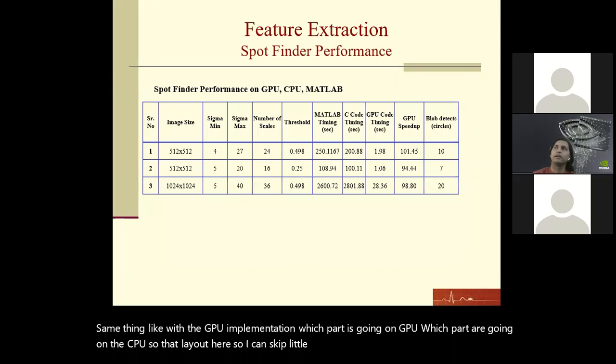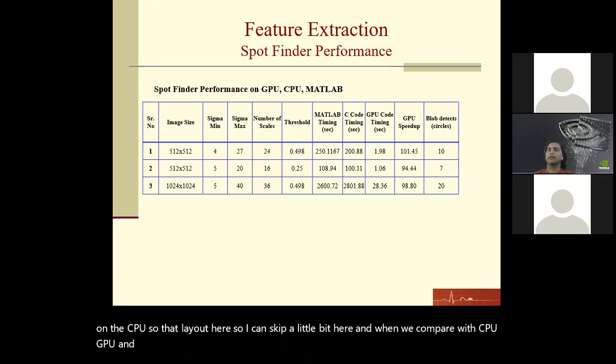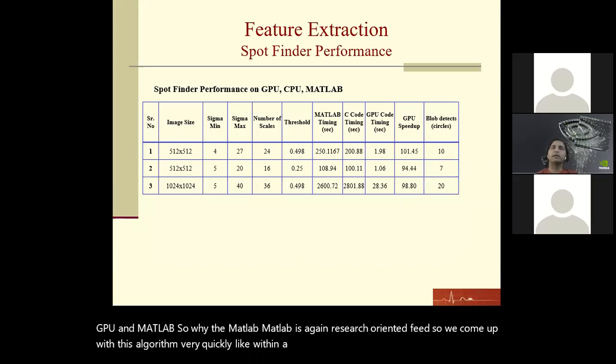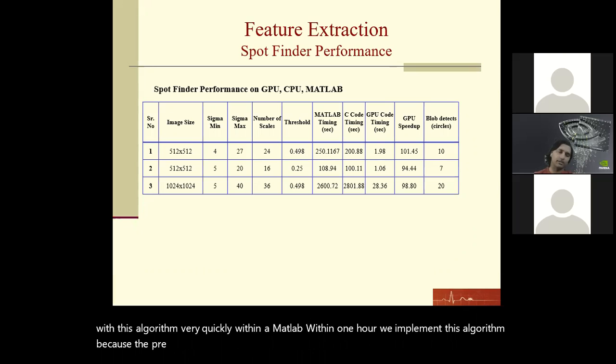When we compare CPU, GPU, and MATLAB, why MATLAB? MATLAB is a research-oriented environment, so we come up with the algorithm very quickly. Within one hour in MATLAB, we implemented this algorithm because it has pre-built functions and a whole toolbox with image processing and related applications.